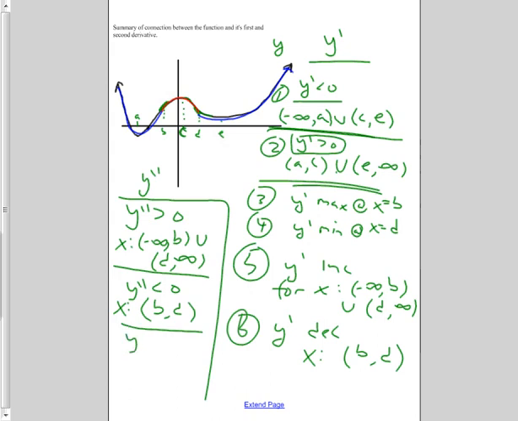And y double prime is going to equal 0 at all the points of inflection, which we clearly have already marked on our graph. So points of inflection occur when x equals b and d. From this graph, just conceptually, we can get a big picture of what's going on with y prime and y double prime.